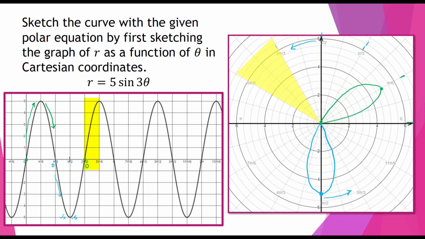From angle 2 pi over 3 to 5 pi over 6, our radius increases from 0 to 5.